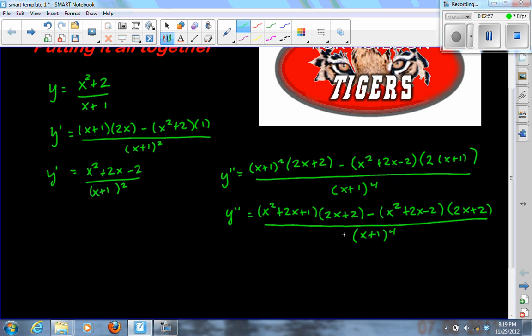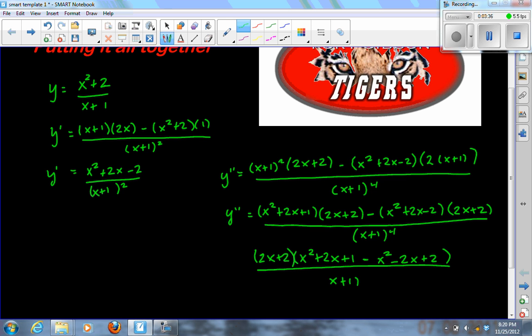Now the temptation would probably be at this point to distribute this twice and get 6 terms for this, and distribute this and get 6 terms for this, and combine all of that together. Maybe an easier way would be to factor this 2x plus 2 out and combine what's left before I FOILed that together. So this would be x squared plus 2x plus 1 minus x squared plus 2x minus 2 in parentheses. Now why does that help me?